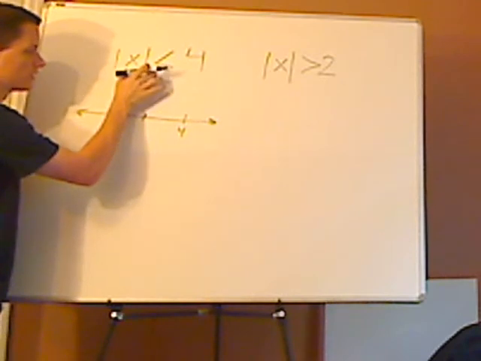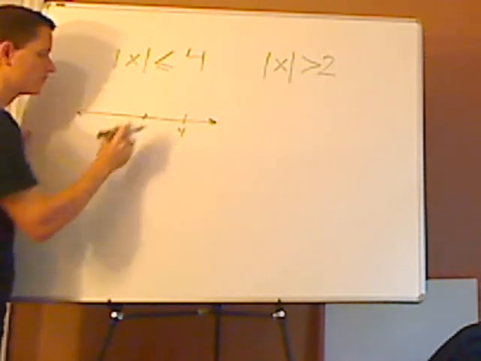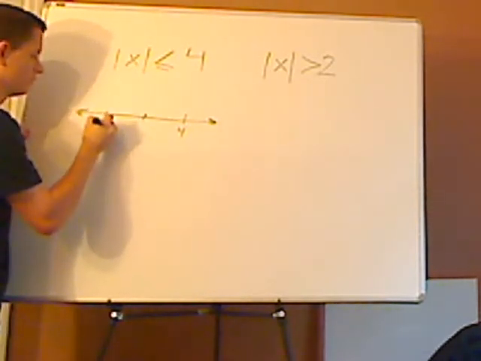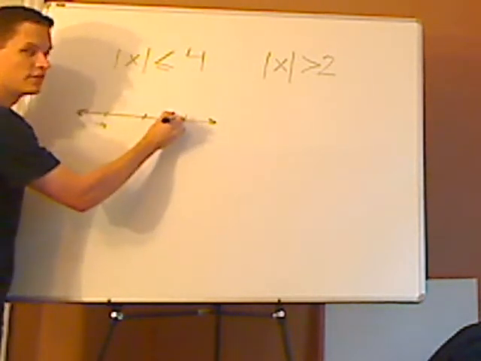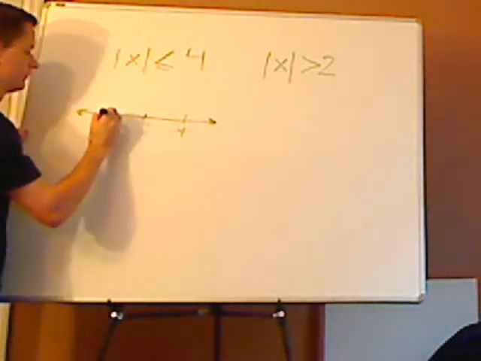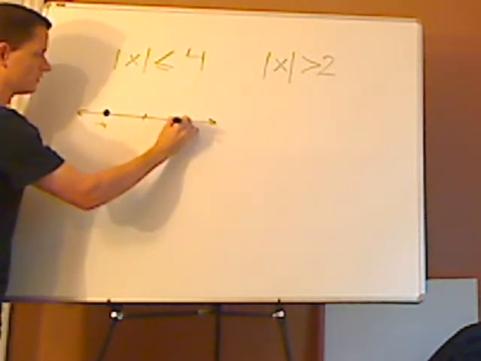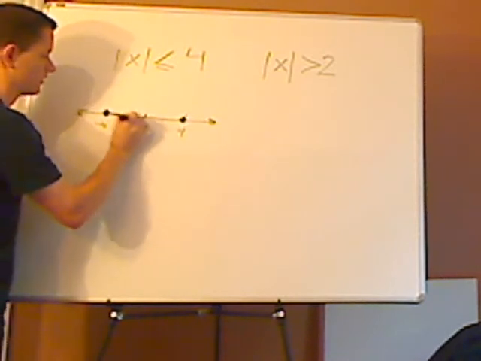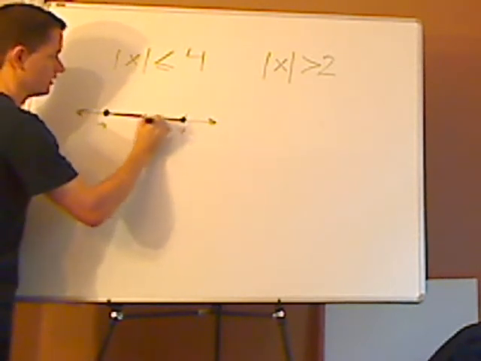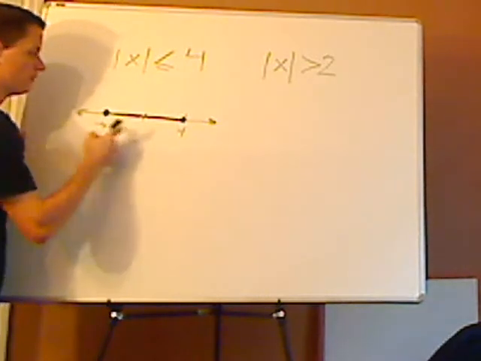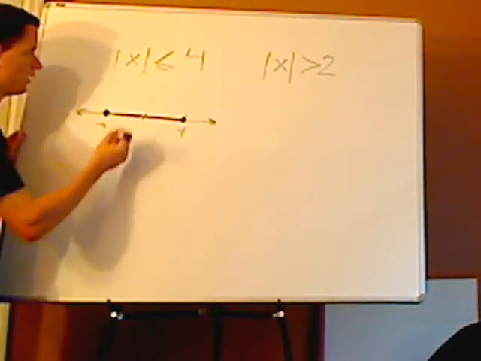And it's also going to include negative 4 because it's an or equal to, right? And then everything in between. So when it's an or equal to, I like to put closed circles. And so it's going to be everything in between 4 and negative 4.